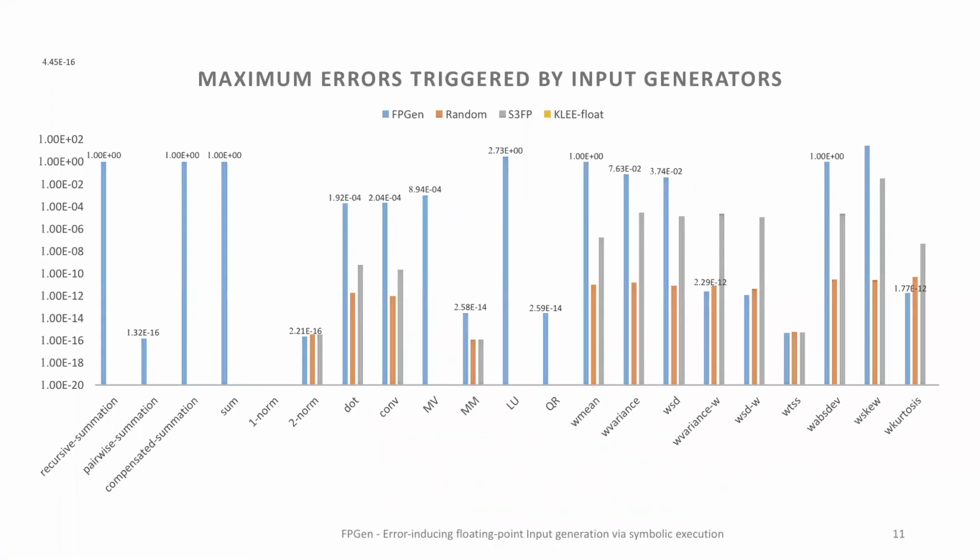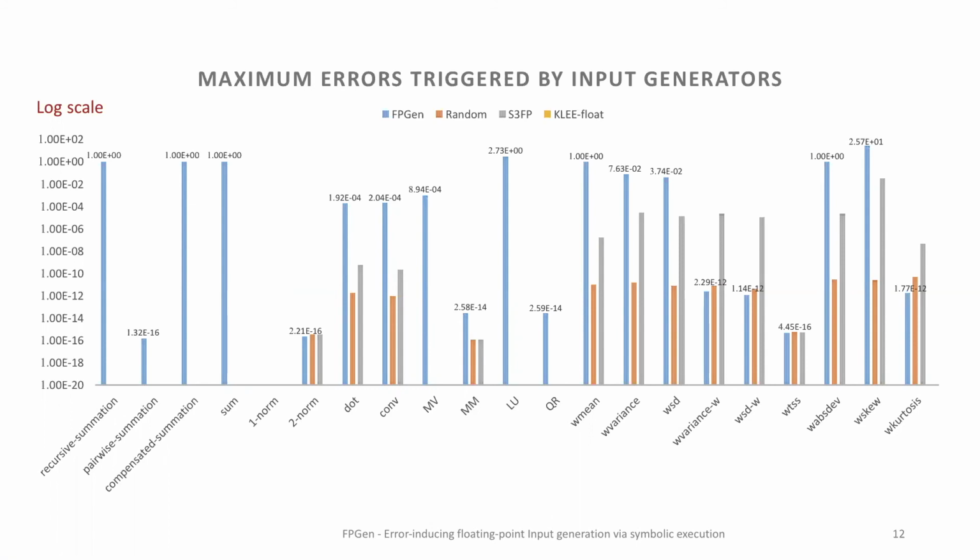We show the results of our experiments in a figure. The X-axis indicates the benchmarks. The Y-axis indicates the maximum error each tool triggered in the benchmark. The Y-axis is in log scale. Each input generator is represented by a color.